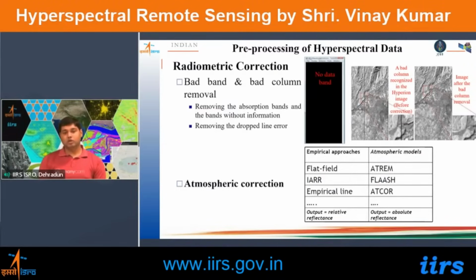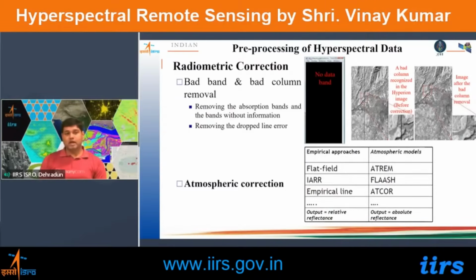In this case, we require ground measurements also, meaning reflectance from ground data. We take the spectral reflectance of two objects, dark and bright, and the same thing from the image itself. Then we solve a linear equation, y equals ax plus b, to calculate the coefficients a and b, where x is the dark and bright from the image and y dark and y bright is from the ground data.